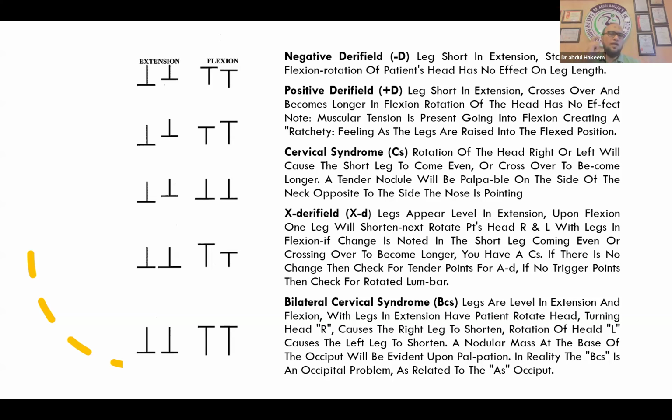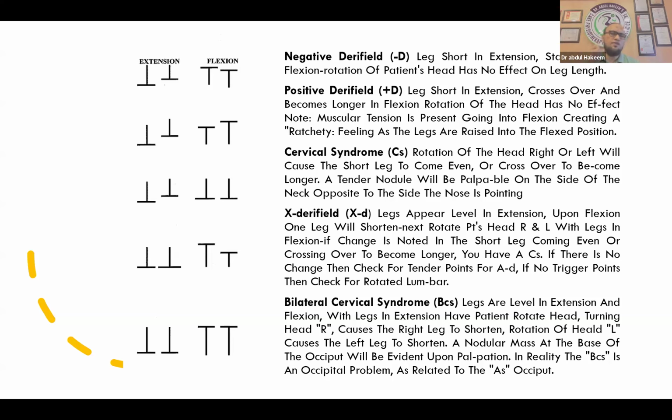Then, in case of cervical syndrome, rotation of the neck to one side will lead to lengthening of the same shortened leg. If you don't find anything in cervical syndrome, you have to check for sacral dysfunction. One more thing is the external field.